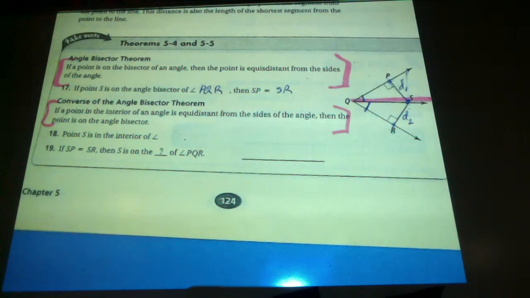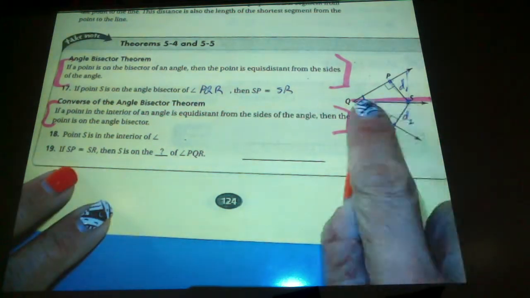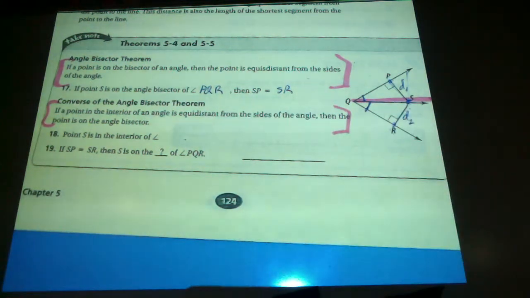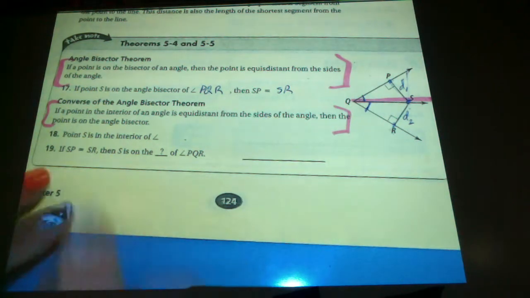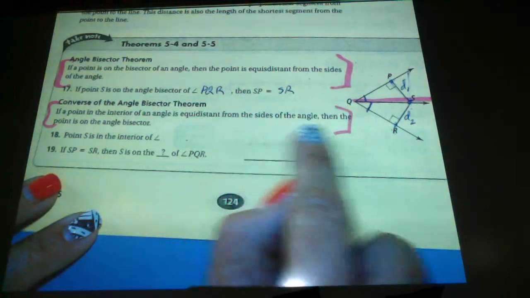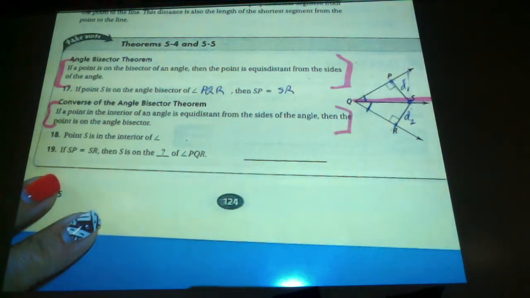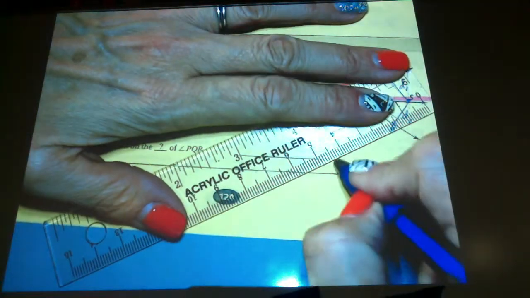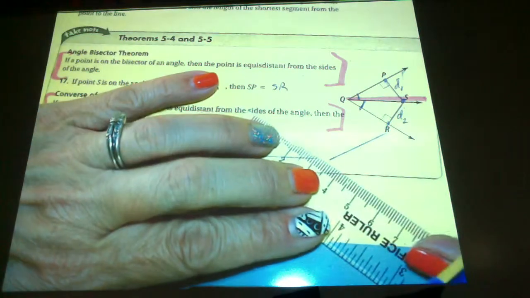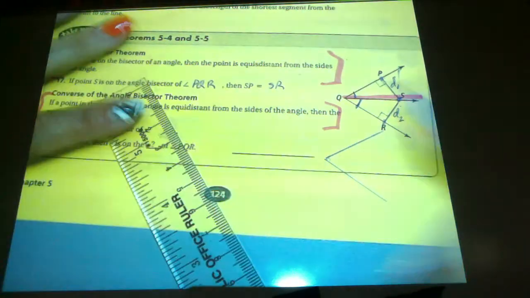If a point on the interior of an angle, so if I had any point that was in the interior of the angle that I hadn't drawn the angle bisector in, is equidistant from the sides of the angle, then the point is on the angle bisector. So for instance, it might look like this. Draw an angle, any angle. Let's draw an acute angle.